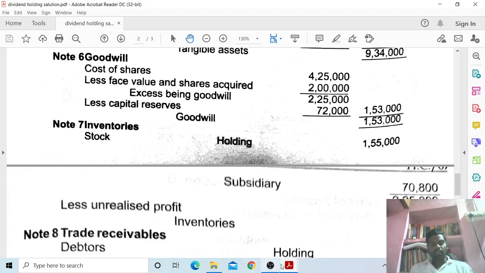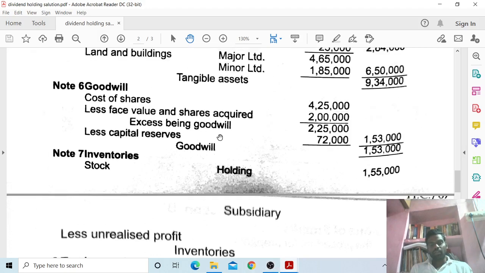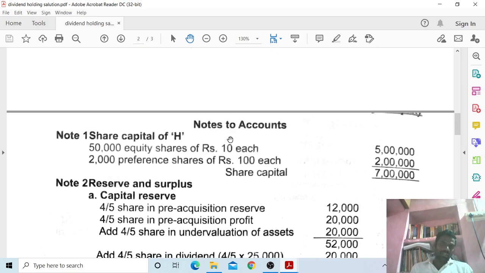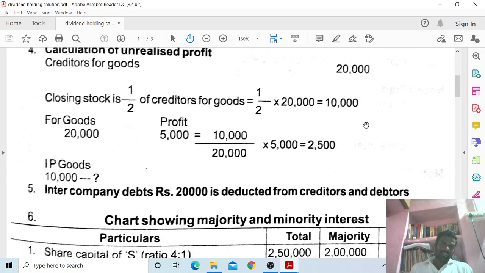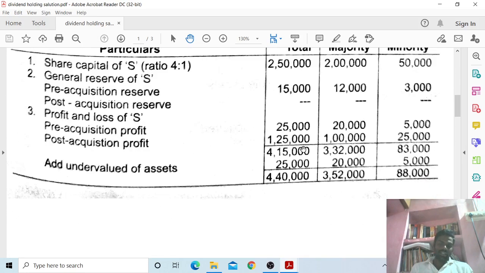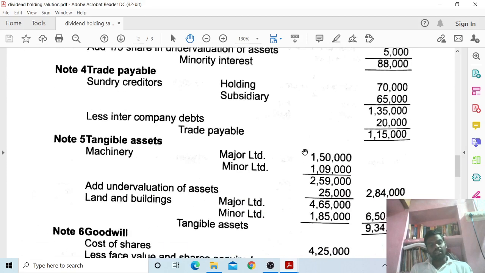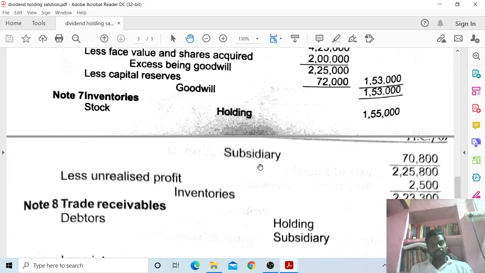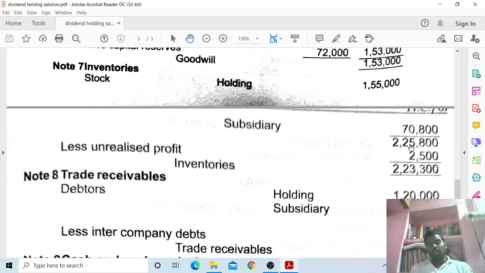Less unrealized profit 2,500. So 2,25,800 minus 2,500 is 2,23,300. It is the inventories, note number 7.